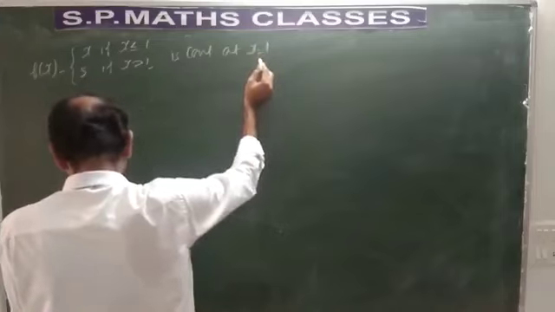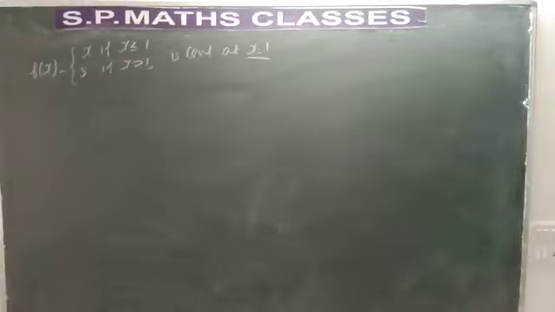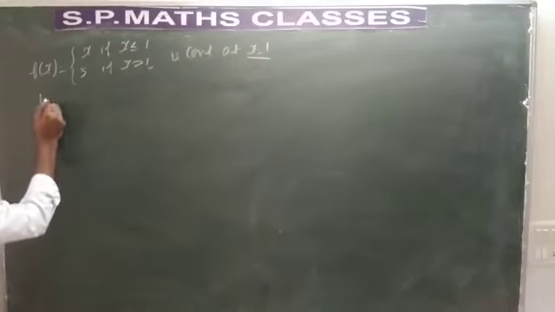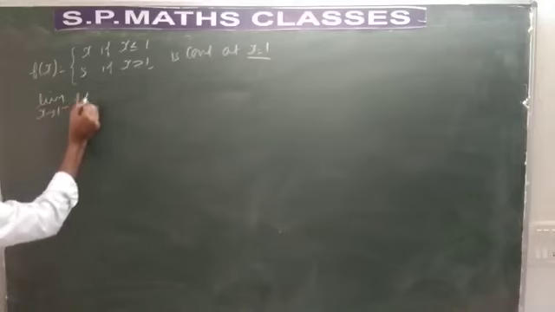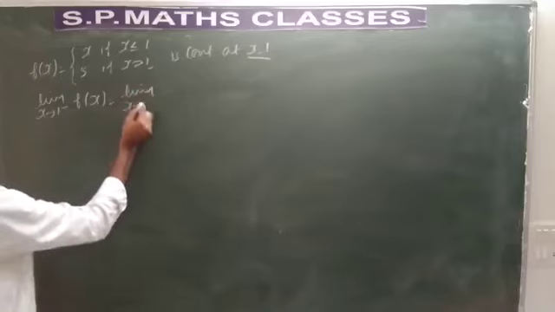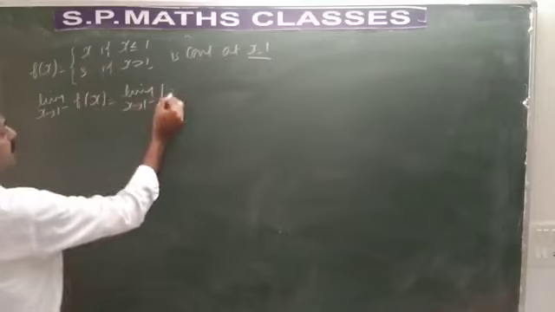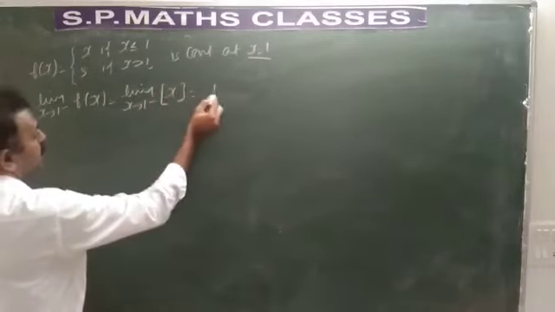That's what the question is. See here, I take the limit as x tends to 1 minus of f of x. What happens? 1 minus is less than 1, where f of x is equal to x. That's equal to 1.